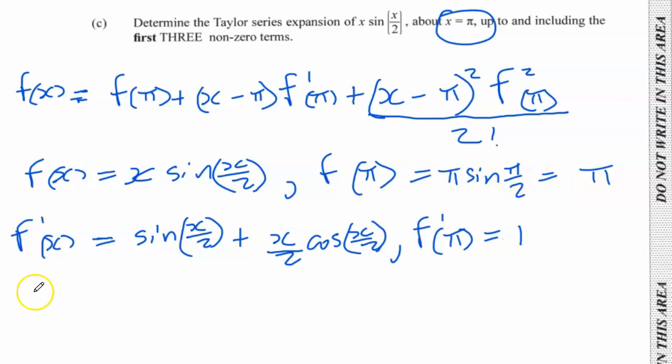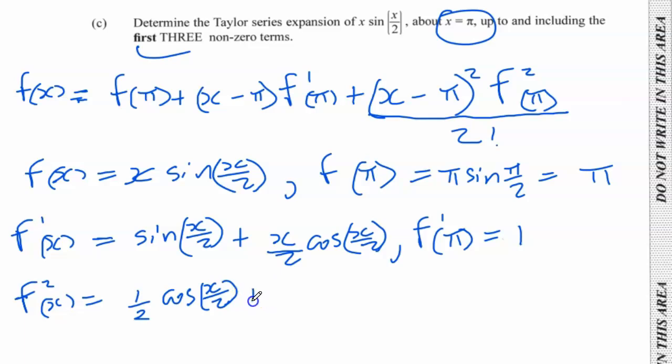Let's do another derivative, the second derivative. It should give us our final term, the third and final term. First three terms, right? So differentiate sine x over 2. We get half cos x over 2. And then for the next term we're going to use the product rule.